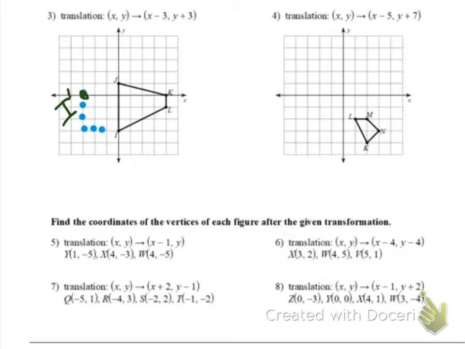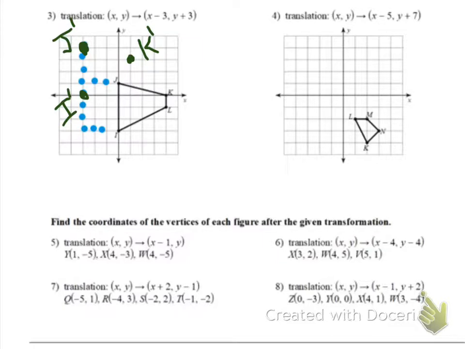Same thing for J, 3 units to the left and 3 units up. So right there becomes J prime. Same thing for K, 3 units left, 3 units up, so it's right there, K prime.